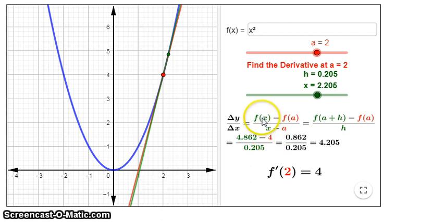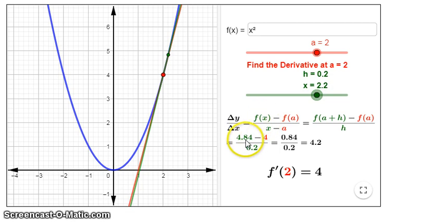My f of x value is whatever I get when I plug in my x. So x is 2.205. Let's make that something a little bit less nasty, 2.2. If I square that, I get 4.84. So this is y2 minus y1, and delta x is the difference between a and x, which is h, 0.2. So doing that calculation gives me 4.2.